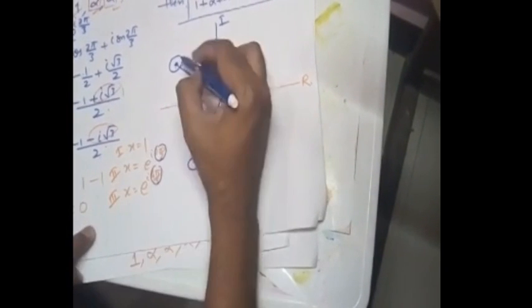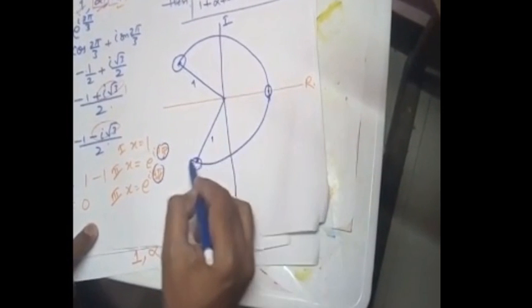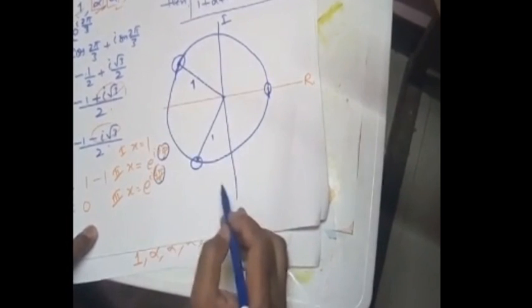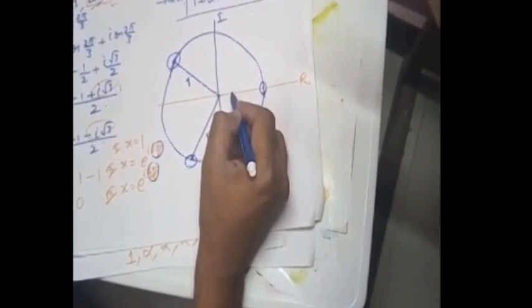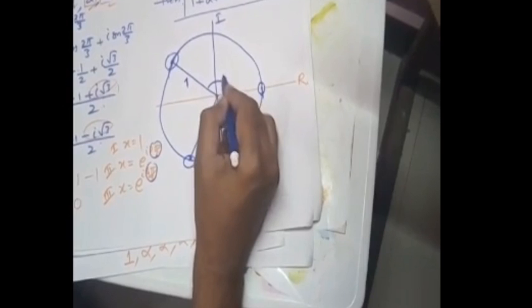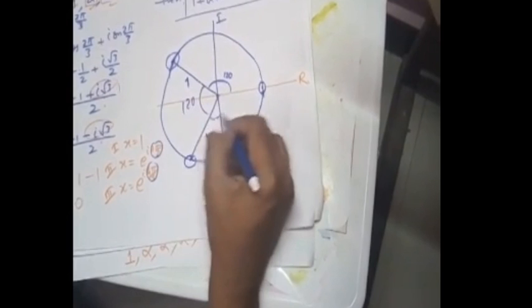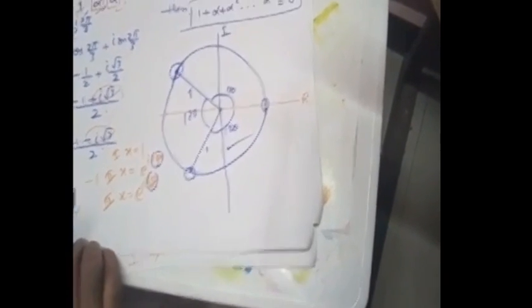So all these roots will lie on a circle of radius 1 unit, and the angle between every consecutive pair of roots will be the same. There are 3, therefore this is 120, 120, and 120. It is also a concept; you can represent roots in the Argand plane. It is very easy.